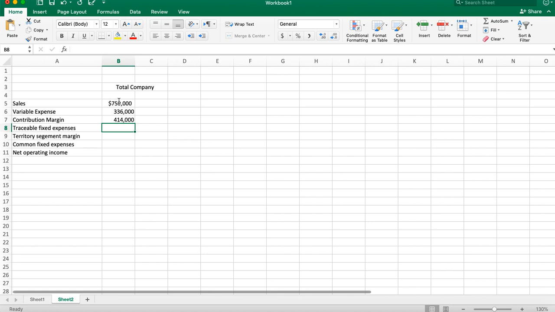So the traceable would be those two added together, or $228,000, which gives us a territory segment margin of our contribution margin minus our traceable expenses.